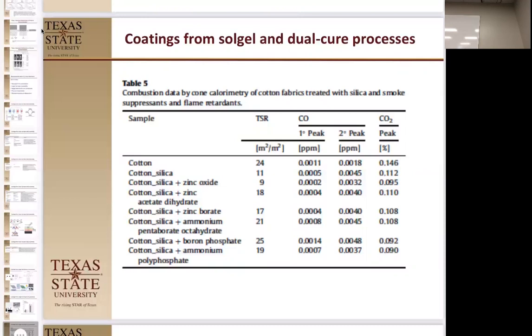But this silica with the zinc oxide is definitely releasing less smoke, and it actually changed the peak CO2 release as well. And it increased the CO. So that was kind of cool that we were able to see at least something was helping with decreasing smoke from fabrics.